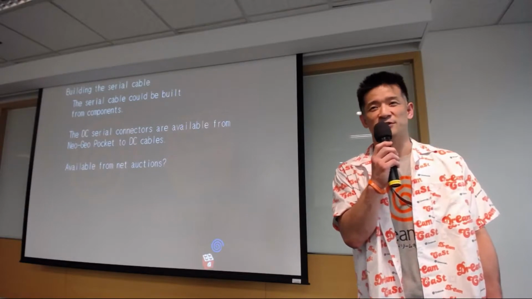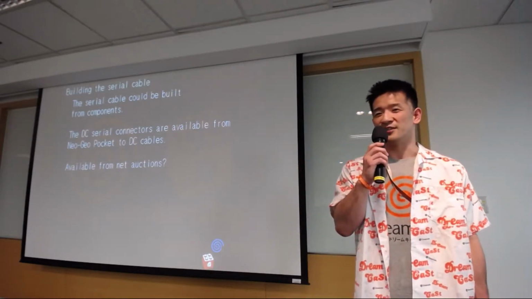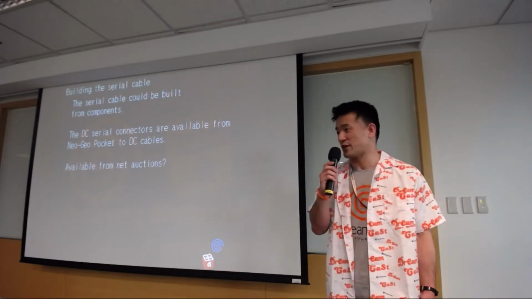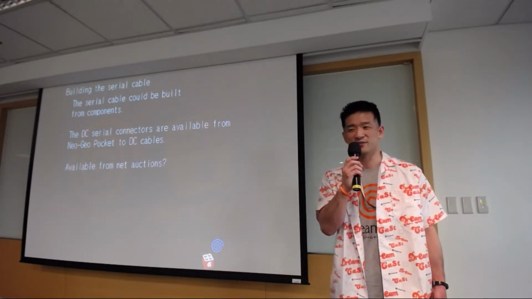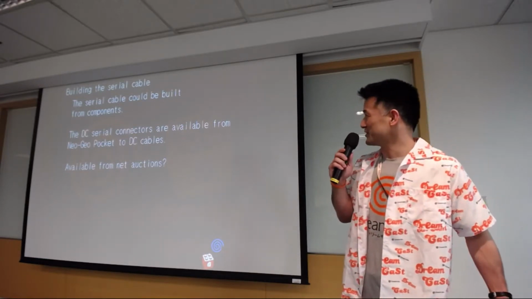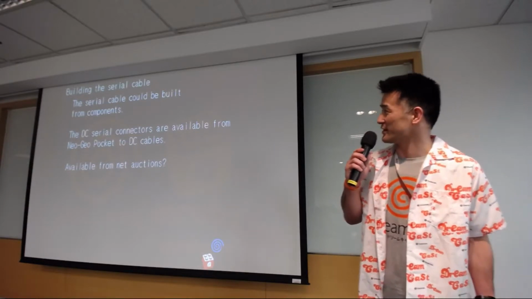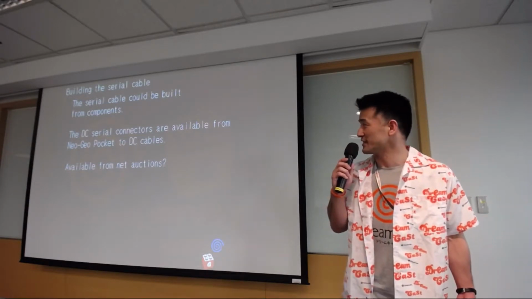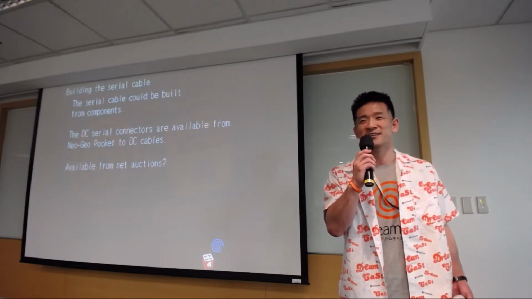People built a lot of serial cables back in the day, and there was a lot of information available. The shops that were selling the serial cables closed down due to PlayStation Portable's trademark issues with Sony. But the option I had left was to build my own serial cable, and the information I had available said to get a Yuji Pocket to DC serial cable.